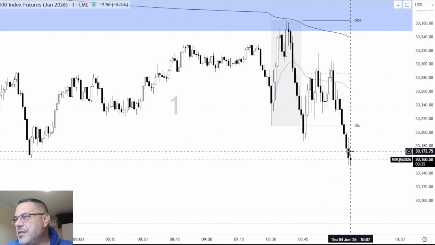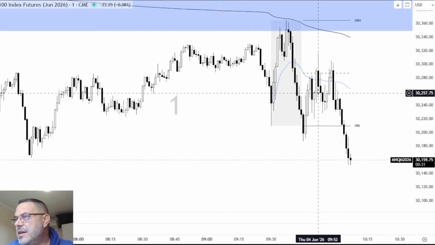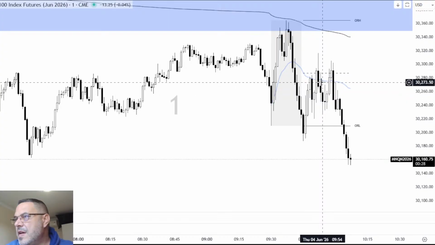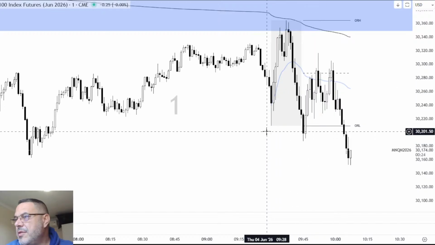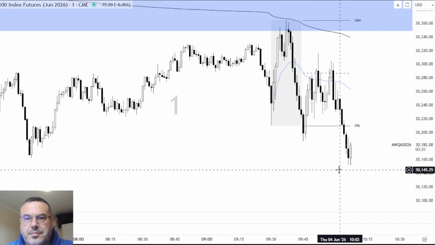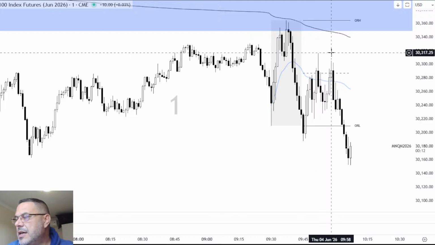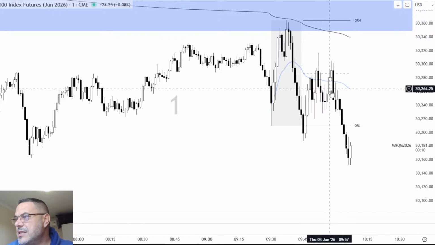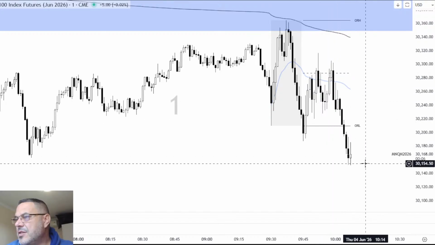Then it all depends on how far you can take it down, but I said I'm not going to take it because we ran this low already. But it gave another entry here, making lower highs, suggesting lower prices. Could have shorted here, put your stop above there, and target your TR.